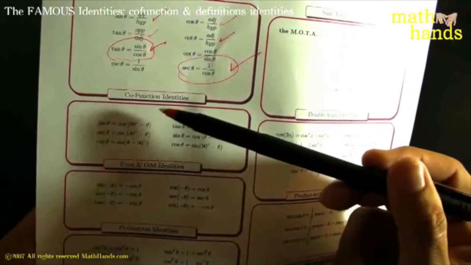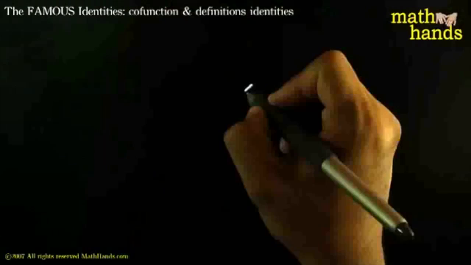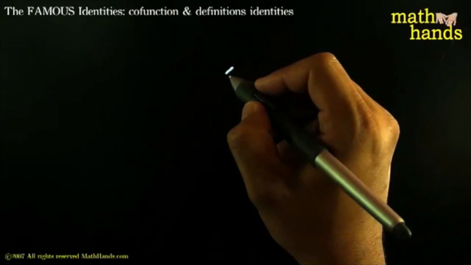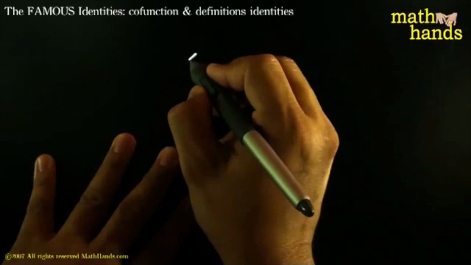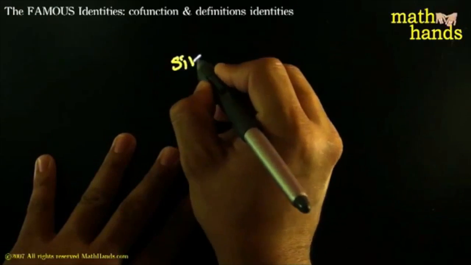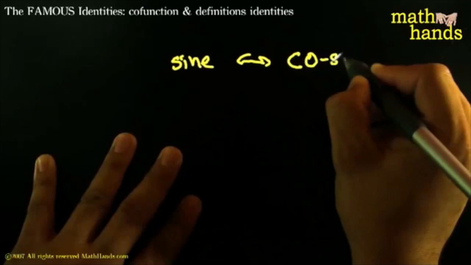Let me go to the cofunction identities and prove a couple of these. Okay, these are the cofunction identities. First, let me tell you the co story. Who put the co in all the co's? You see all the co's everywhere? First of all, you have sine, and then you have cosine.